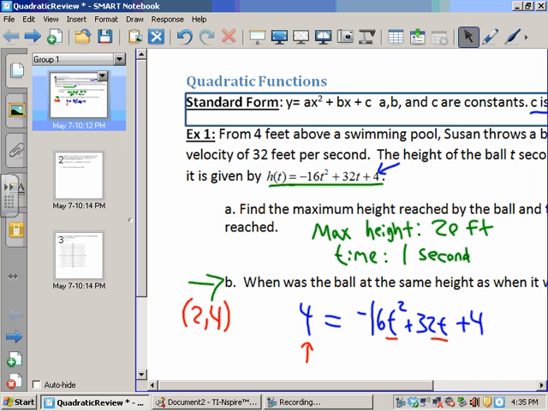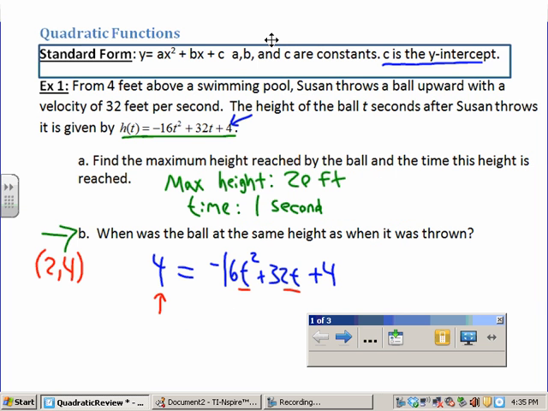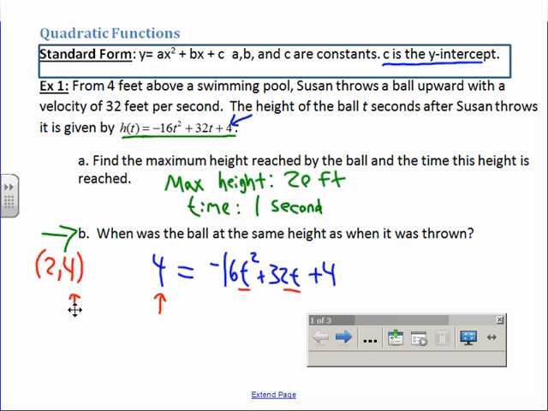So again, that means it was at a height of 4 feet, and it was at that height at 2 seconds. So after 2 seconds, the ball came back down to a height of 4 feet.